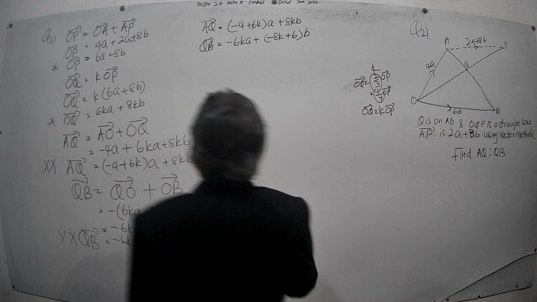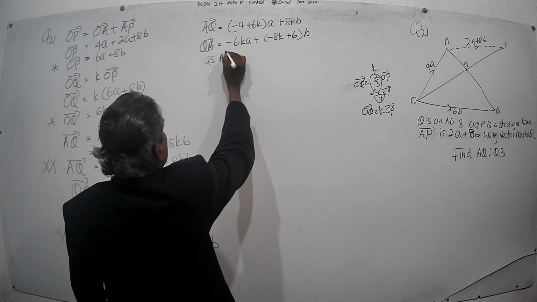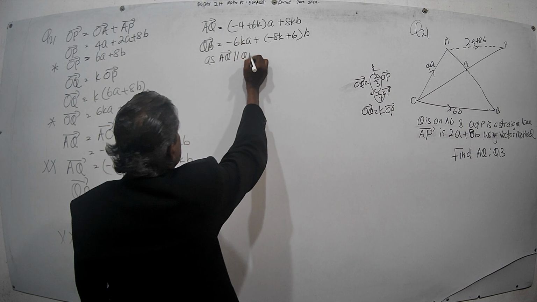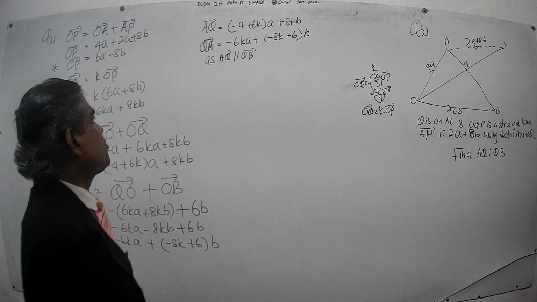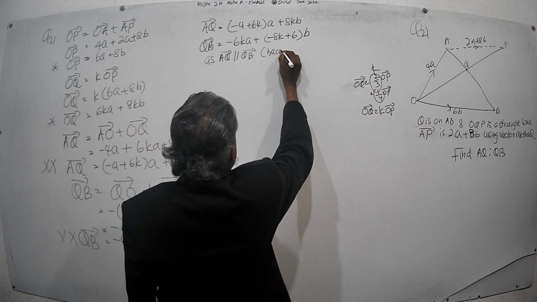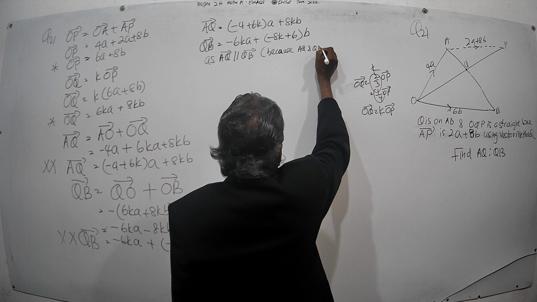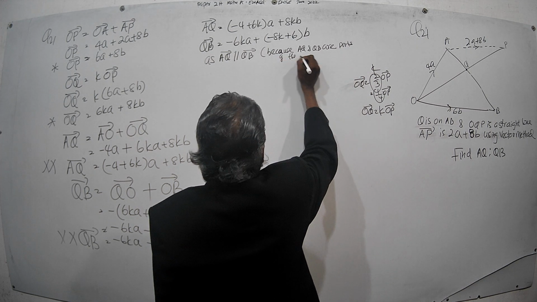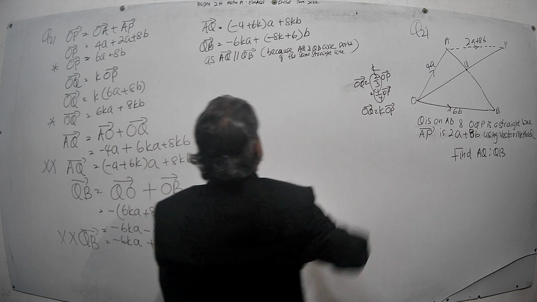Therefore, you can write AQ vector is parallel to QB vector, because AQ and QB are parts of the same straight line. As they are parts, they are parallel.